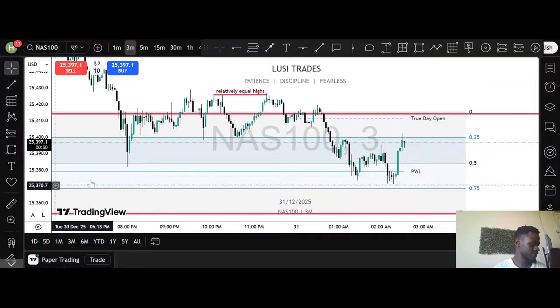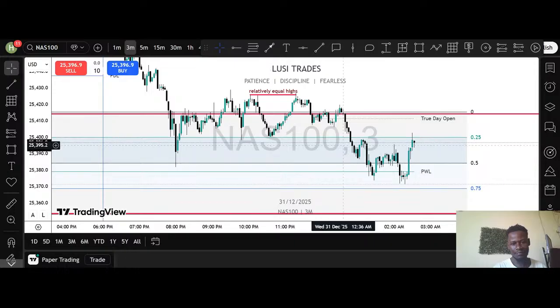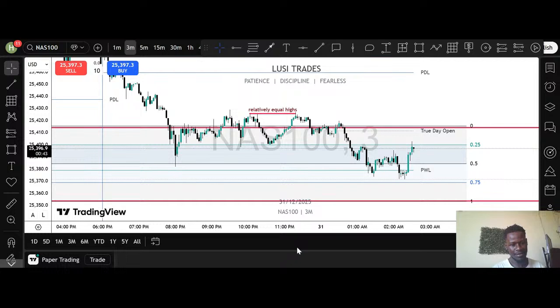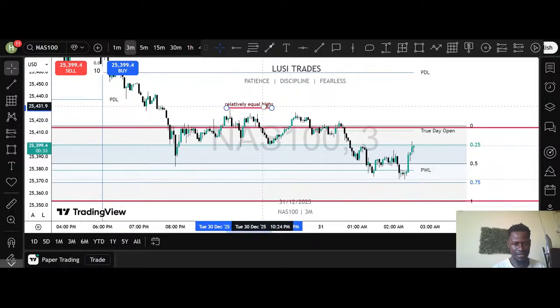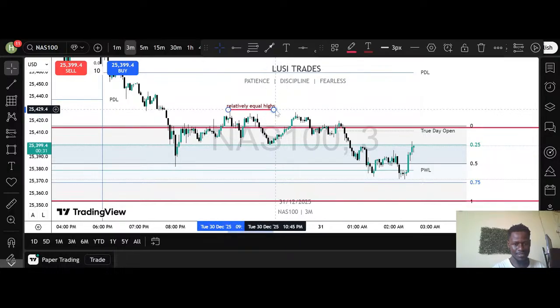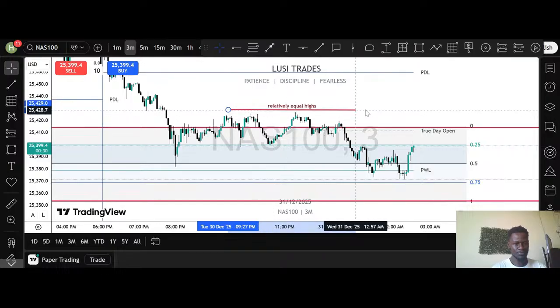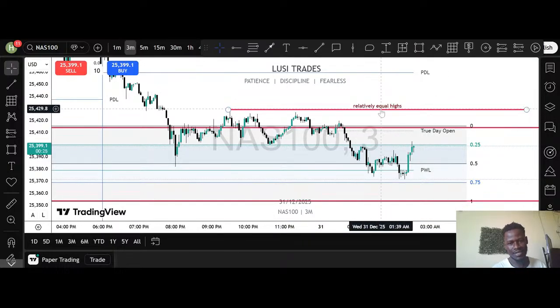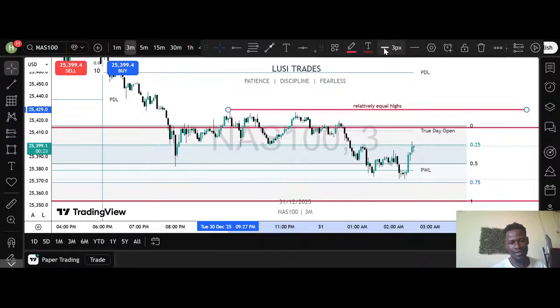We want to see if price can leave this level, the level that I've marked with red. This is our new week opening gap range. Up here, I'm also seeing some relatively equal highs. This level is really small. If I was the market maker, I'd be targeting these highs that you can see here.